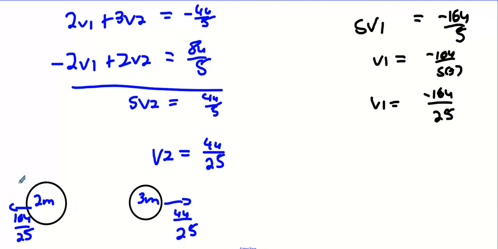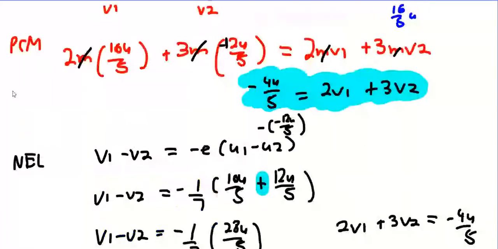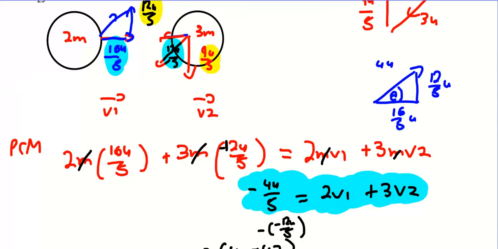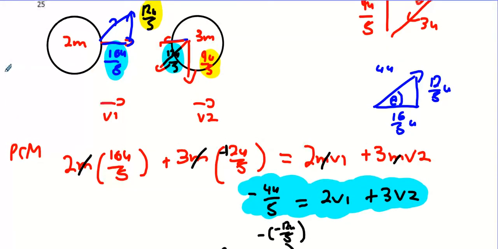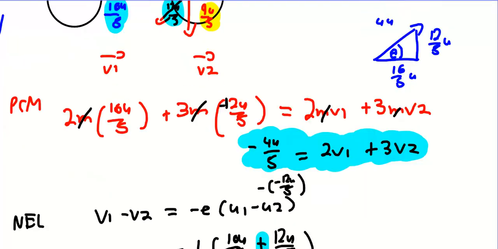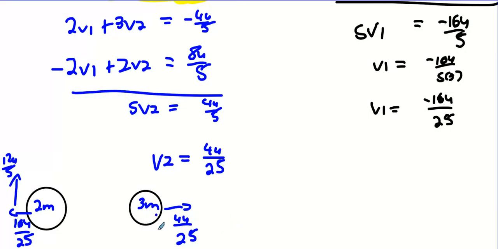They're both still going, this one's still going upwards with 12u over 5, and the other one is still going downwards with 9u over 5. So the 3m is traveling diagonally right and down, and the other one's traveling diagonally left and up. All right, but that's not what we're asked.